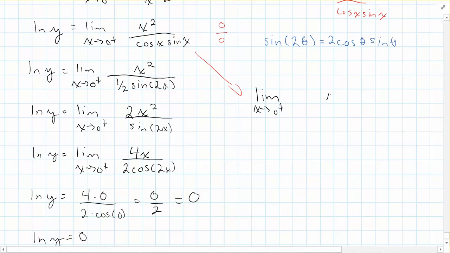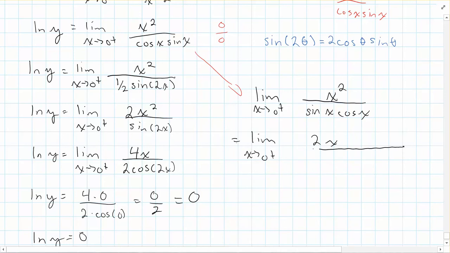And we have x squared over, I'm going to write this as the sine function times the cosine function. So we know we can still apply L'Hopital's rule right as it is right here. So we get limit as x approaches 0 from the right of 2x. Now I'm not going to write the product rule out, I'm just going to write what we'd get here.